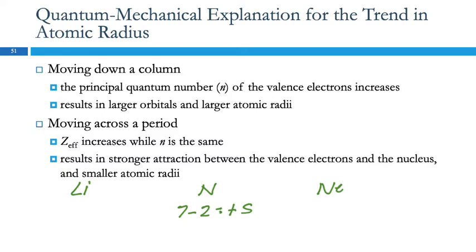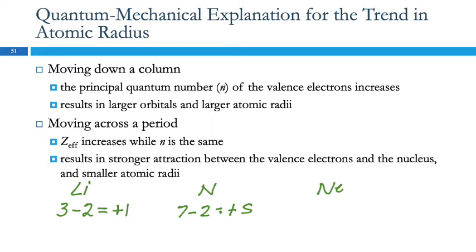How many protons? It has 3. How many core electrons does it have? It's the number of boxes in the previous row. Or we can think, well, it has 1 valence electron, all the other electrons are core electrons. So it has 2 core electrons. So we subtract the core electrons, that is an effective nuclear charge of plus 1.